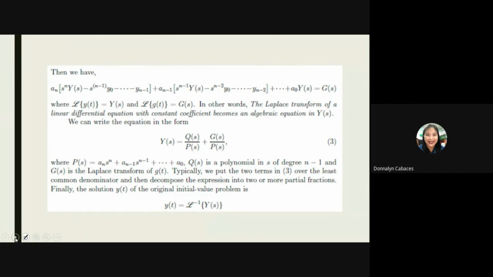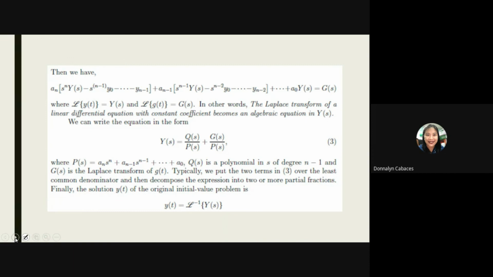Typically, we put the two terms in equation number 3 over the least common denominator and then decompose the expression into two or more partial fractions. And finally, the solution of the initial value problem is given by y of t, which is equal to the inverse Laplace transform of Y of s.